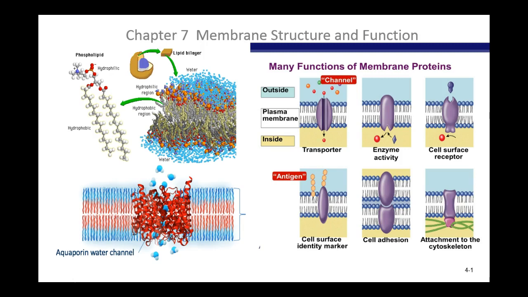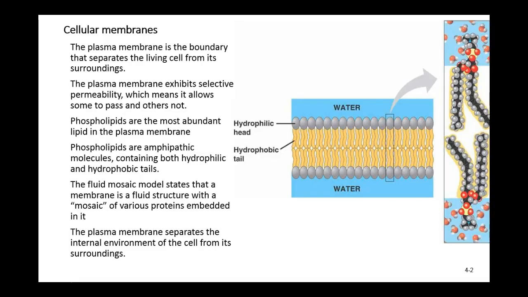And then on the right, you have various different proteins that are embedded, whether they are peripheral proteins or integral proteins. All of these happen to be integral because they span both sides, the external fluid and the internal fluid. But there can be proteins that are just on the periphery also, and we'll talk a little bit more about them.